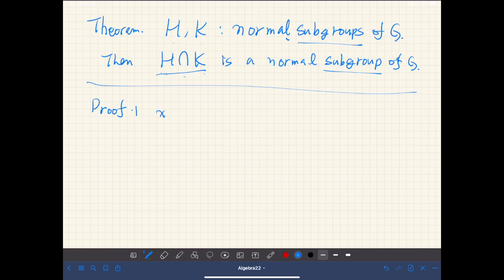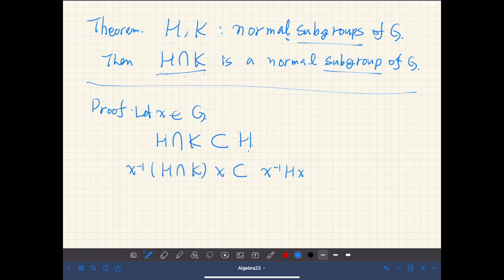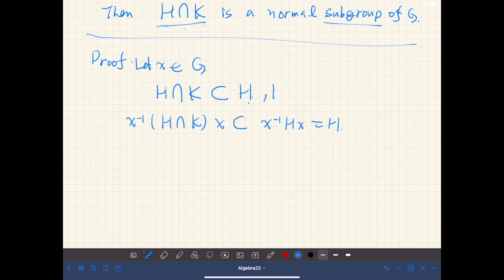Let X be an element of G, and H cap K is a subset of H. So if we multiply both sides by X inverse from the left and X from the right, we have X inverse H cap K X subset X inverse H X, but H is supposed to be a normal subgroup, so this is equal to H. Okay, and also H cap K is a subset of K, so we have a similar relation.